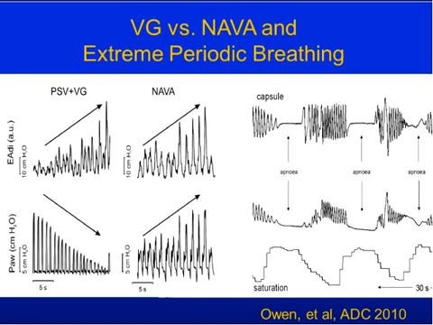Here we have a comparison between this novel mode of support known as NAVA, or neurally adjusted ventilatory assist, and volume guarantee. The reason I'm showing this is they do in fact take contrasting approaches. On the left-hand side, in the upper left-hand corner, is what's labeled as electrical activity of the diaphragm that reflects the baby's respiratory effort.